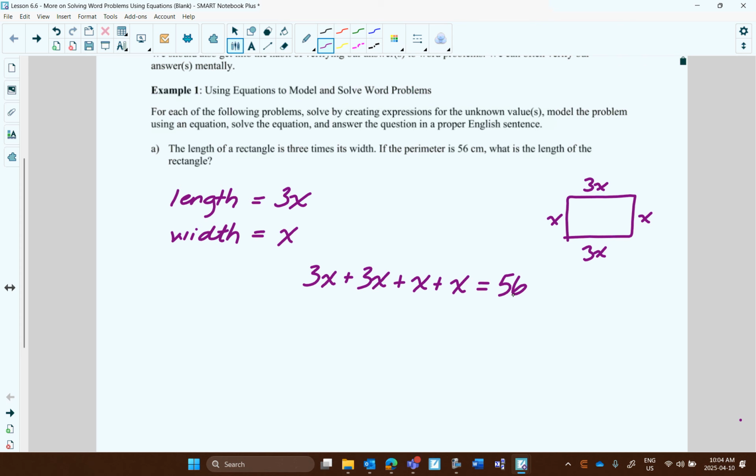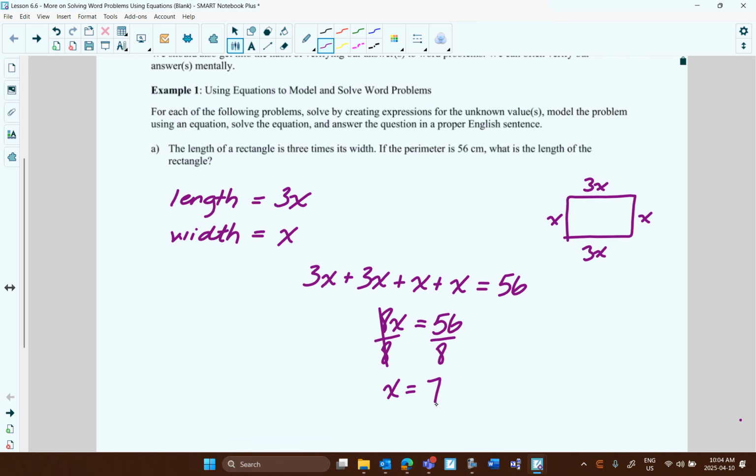What would you like to do next? And I get 8x equals 56. Well, get x by itself by dividing both sides by 8, and x equals 7.